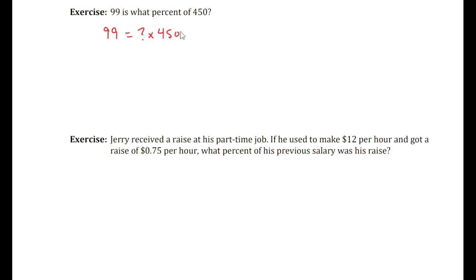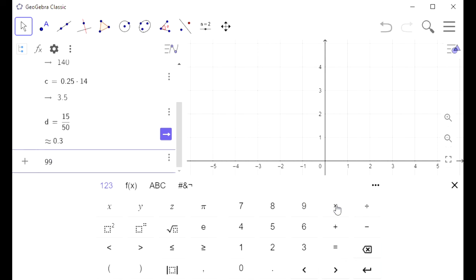So we'll solve this for the question mark by doing the opposite. If it says times 450, we'll divide both sides by 450. 99 divided by 450 leaves us with 0.22.